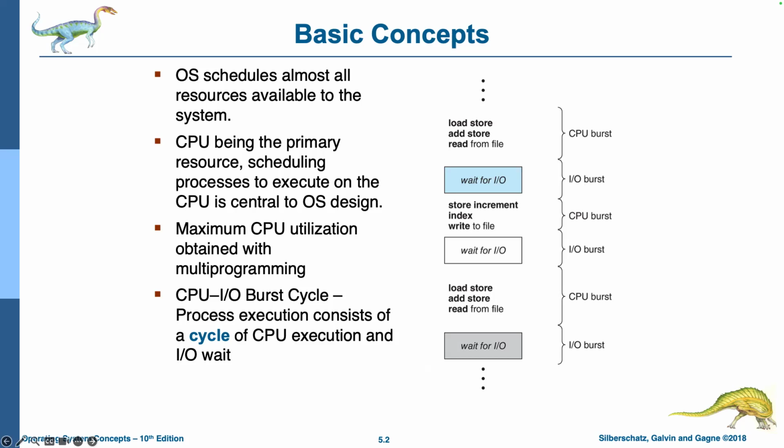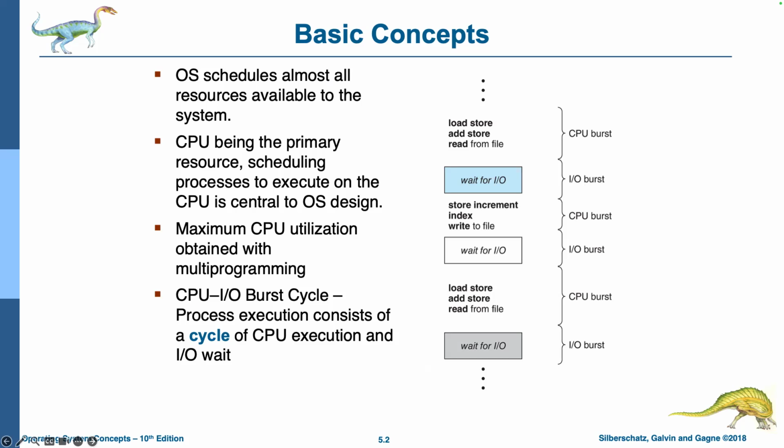CPU is the primary resource because the CPU is really fast, much faster than other storage like memory, disk, SSD. SSD is much faster, right? And disk. So CPU is much faster. CPU is the primary resource. Our scheduler is mainly working on the CPU.